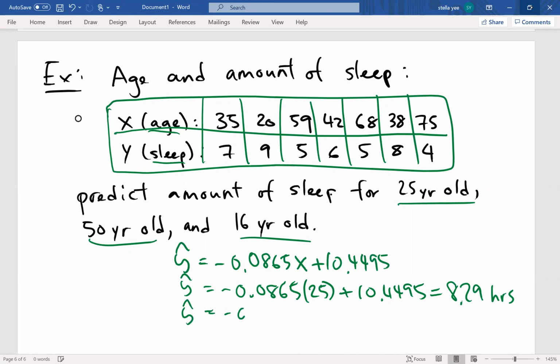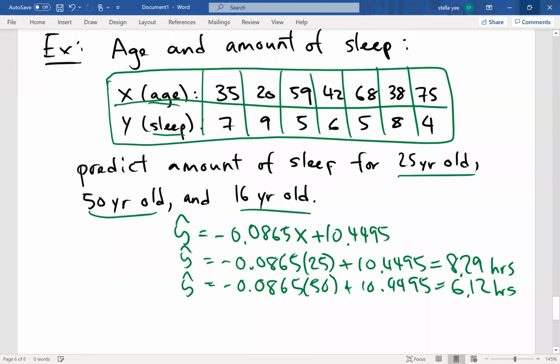And if I plug in the same thing for a 50-year-old, I got 6.12 hours. The 16-year-old is a trick question.